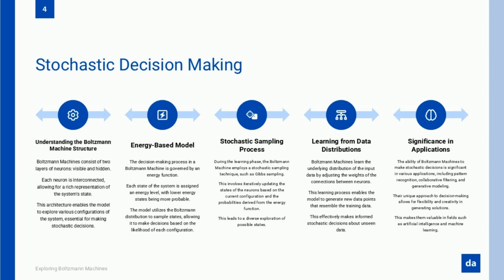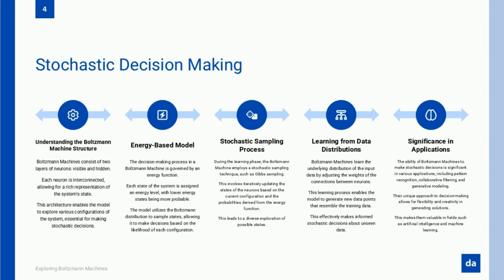The key to this lies in the energy-based model that governs their behavior. Each configuration of neurons in a Boltzmann machine is assigned an energy value, and the network constantly tries to minimize this energy by adjusting its connections. States with lower energy are more probable, while those with higher energy are less likely. This principle is inspired by physics, specifically thermodynamics, where systems naturally evolve towards states of lower energy.